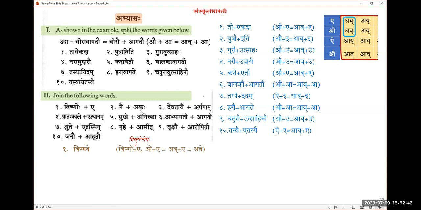Next one. Nai plus Akaha. These are all internal sandhi, guys. That's why these words look very weird. Ai plus A. Very good. We have come to the third row. Ai plus A, and it is not in the blue zone, so we should do Yanta Desha.